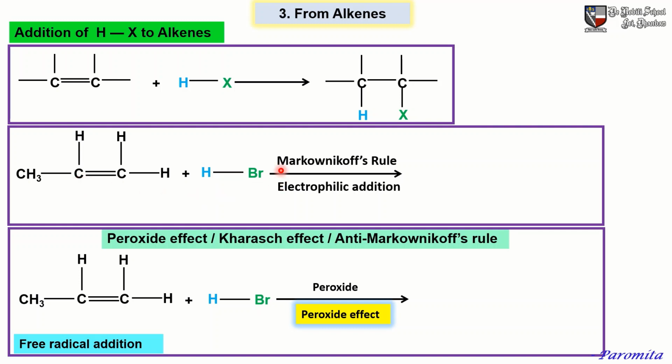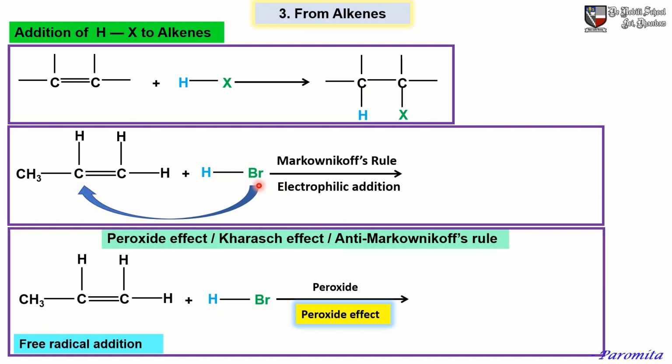So now here HBr is our addendum and HBr is an unsymmetrical addendum. And what about our alkene? Our alkene is also an unsymmetrical alkene. Now when you are adding HBr to an unsymmetrical alkene like propene, Br will go to this carbon.